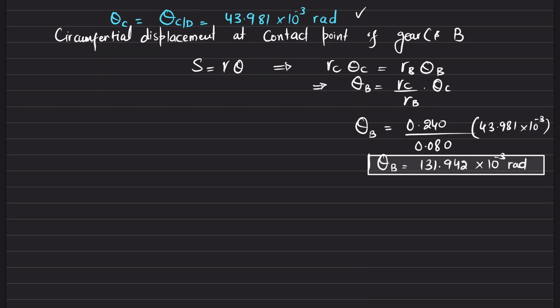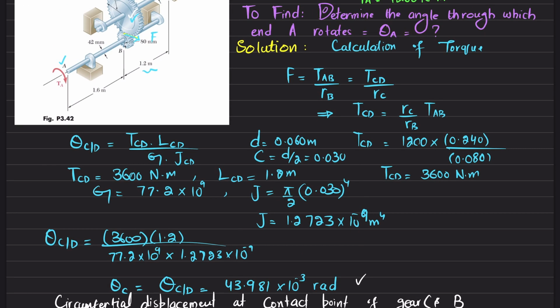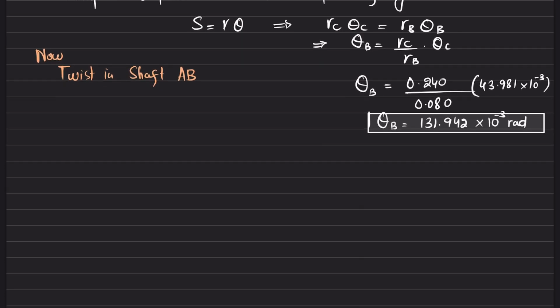Now we will also calculate twist in shaft AB, because there is torque at point A, so twist in shaft AB, theta A with respect to B, will be equal to TAB into LAB divided by G into JAB.